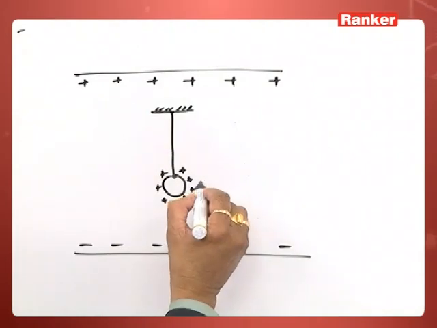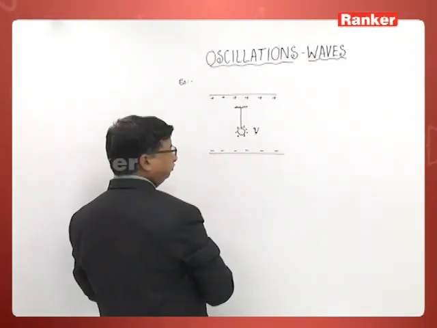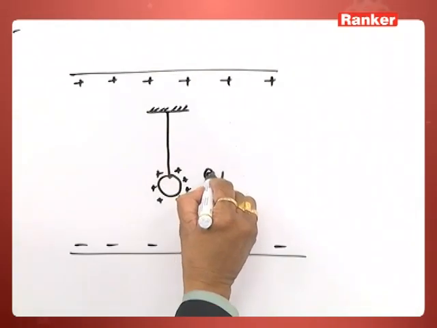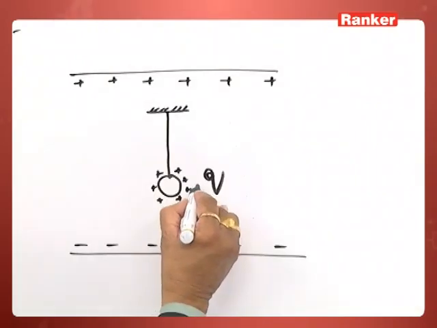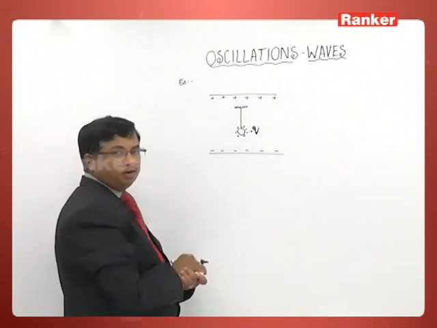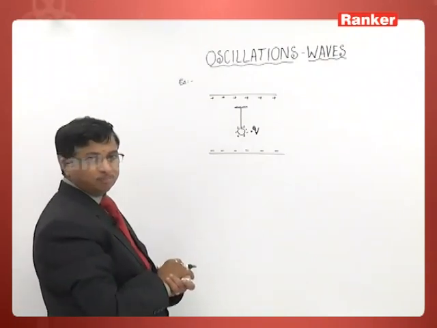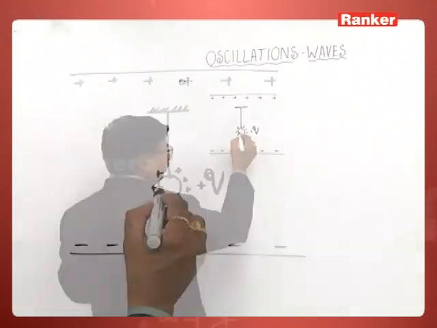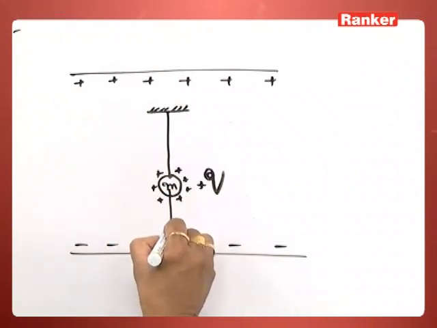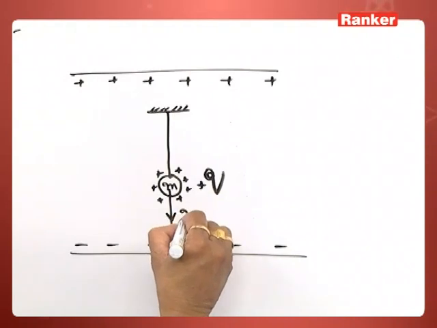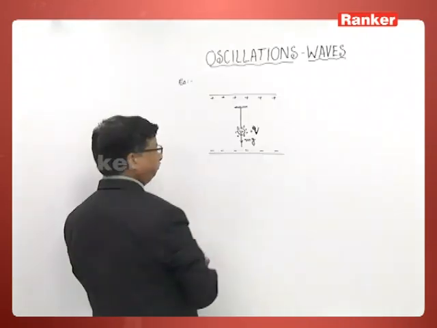What is the charge that has been provided to it? I consider that charge as Q. Which Q it is to be remembered? It is a positive charge given to it. Then definitely we will find, since it has got mass, it will be acted upon by weight downwards.